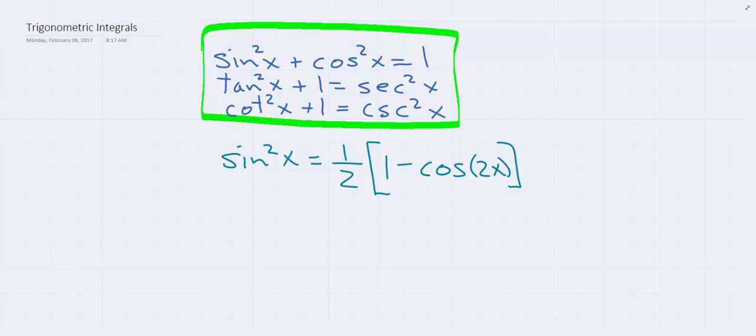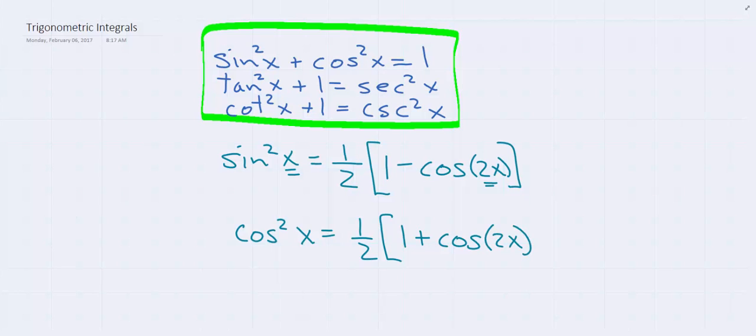In other words, this right here is always double this. So if that were 4x, that would be 8x over there. And then you also have cosine squared x is 1/2 times 1 plus cosine 2x. They're very similar, but these are ones you need to remember as well.